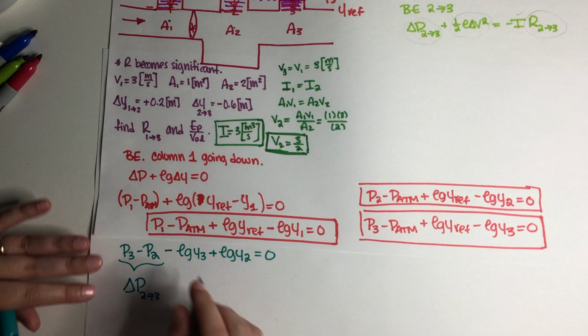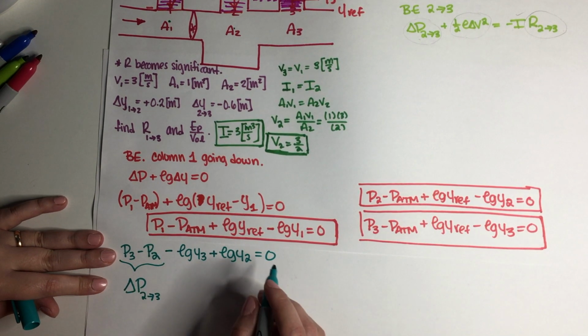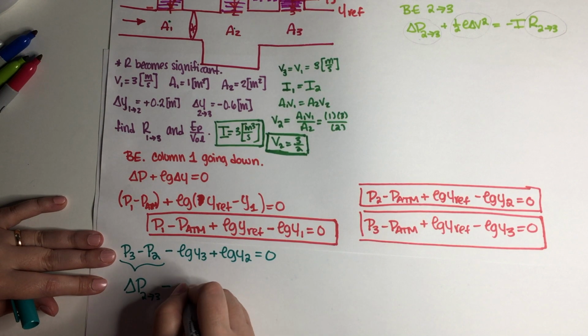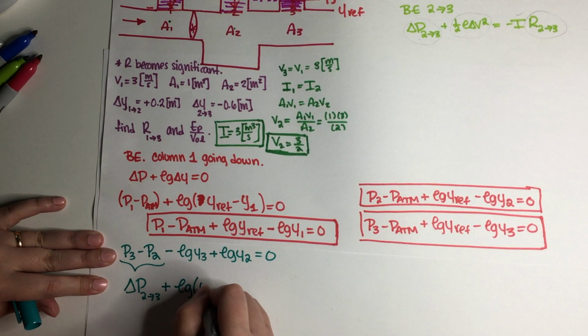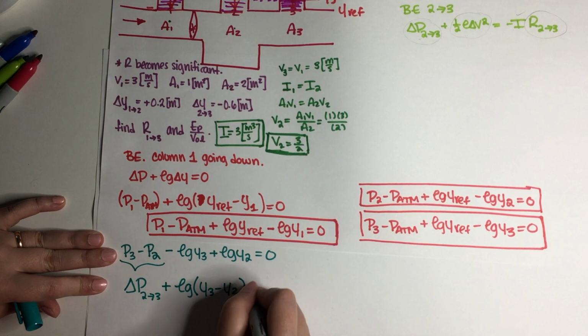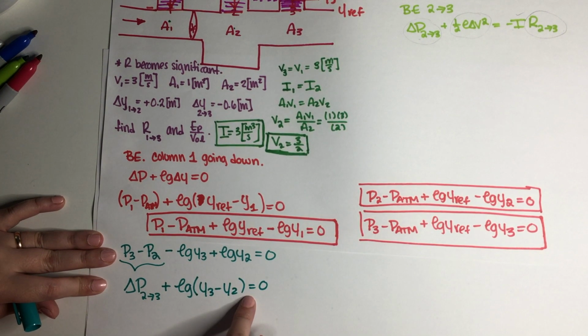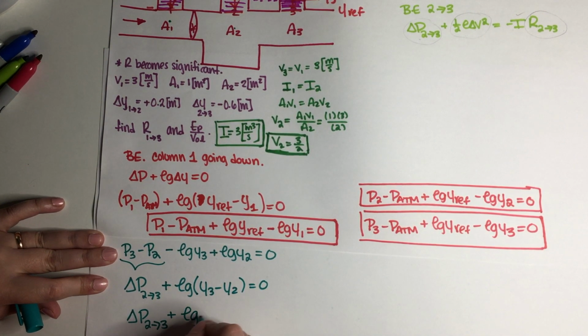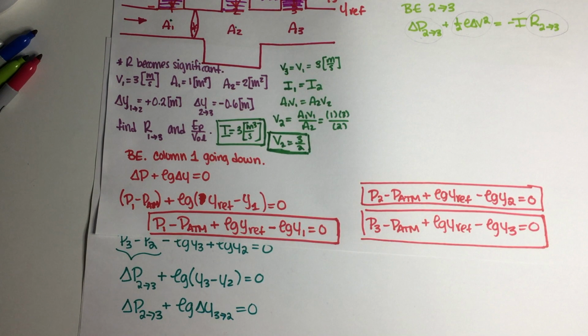And this term over here, I can arrange it so that it looks like rho g (y3 minus y2) is equal to 0. So this is delta P from 2 to 3 plus rho g times the change in height from 3 to 2 is equal to 0.